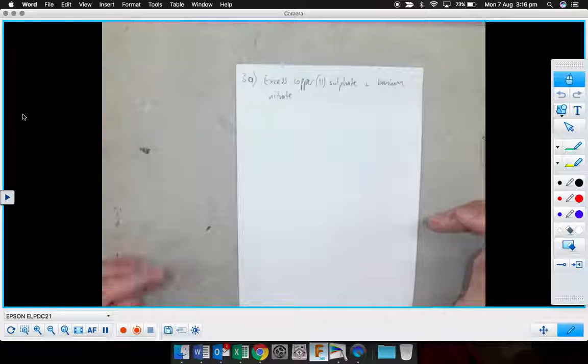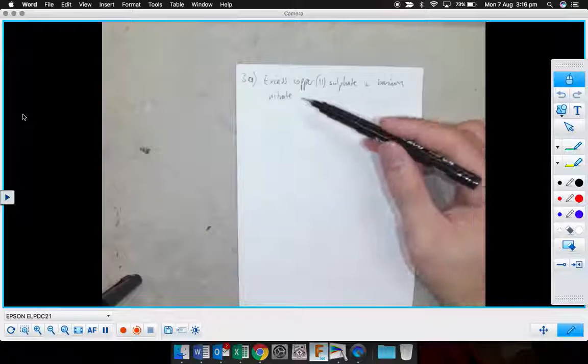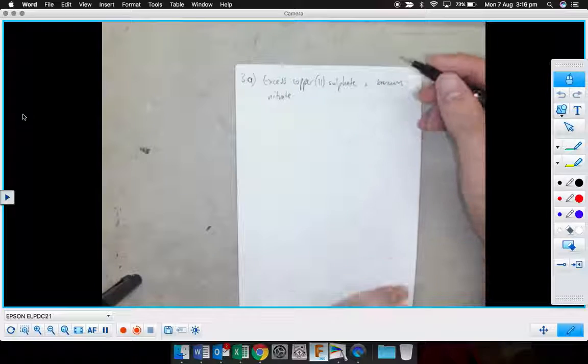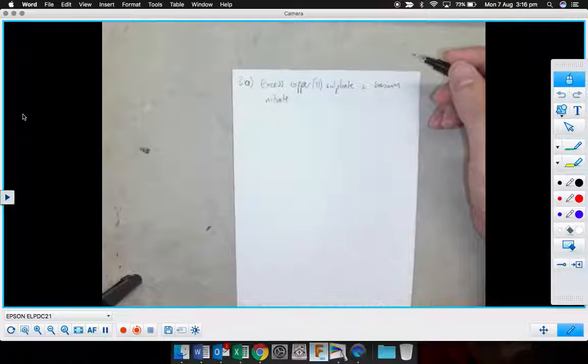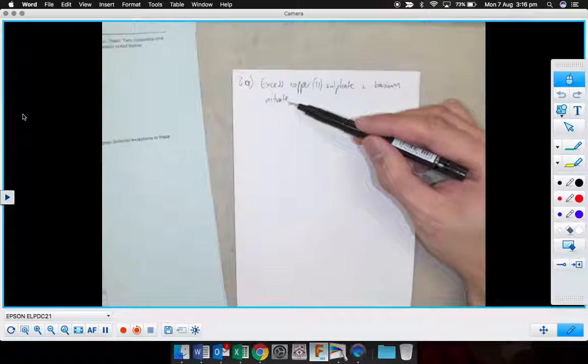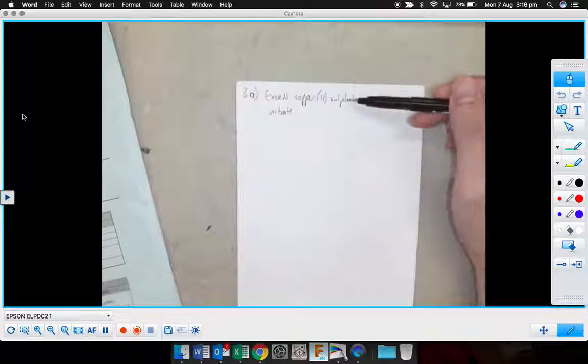Now we're going into the point where we are looking at things in excess. Okay, so I have excess copper 2 sulfate and barium nitrate. So let's work out the precipitation reaction. Okay, I have copper nitrate, all nitrates are soluble, okay, and barium sulfate.